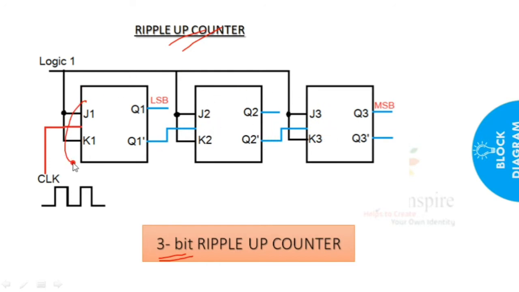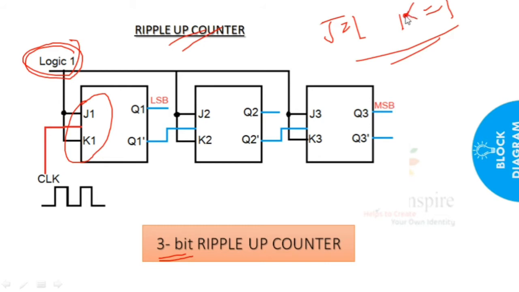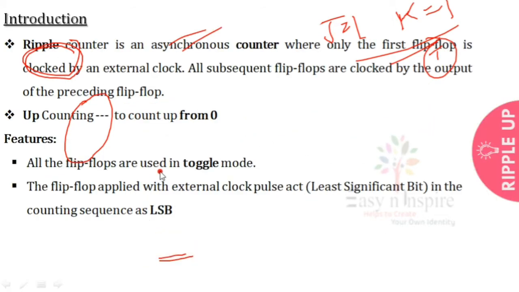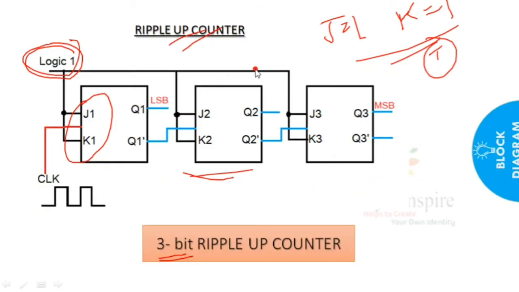And we know that a JK flip-flop produces a toggled output only when the inputs are high, J equal to 1, K equal to 1. In the J equal to 1, K equal to 1 condition, the output is toggled. We have already seen that we need to consider toggle mode for operation. In a JK flip-flop, J and K must both be 1 to get the toggle condition.